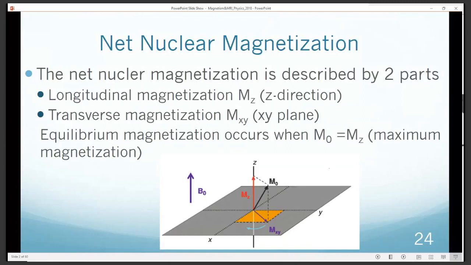That can range from 0.35 Tesla up to 3 Tesla clinically. The transverse magnetization is what's produced by applying a much weaker B1 magnetic field perpendicular to the main field, which flips the net nuclear magnetization from the z-axis towards the XY plane.